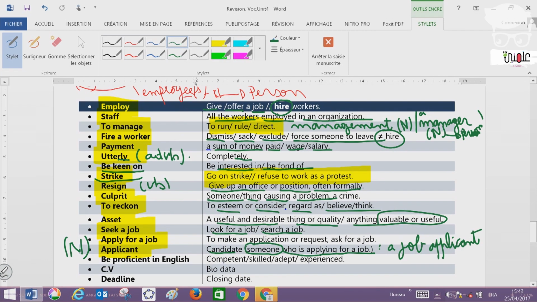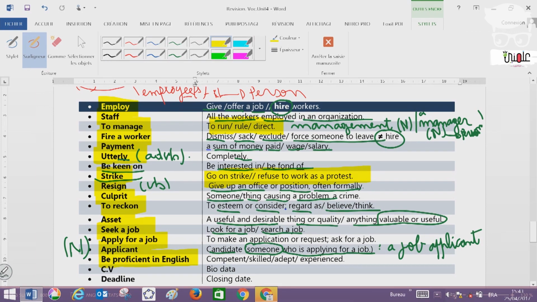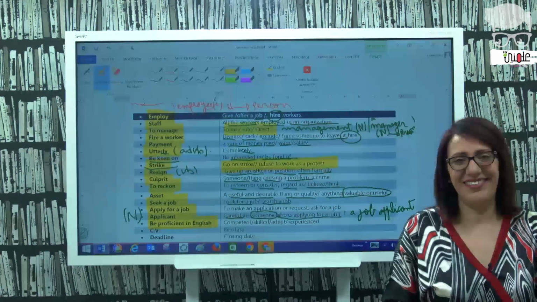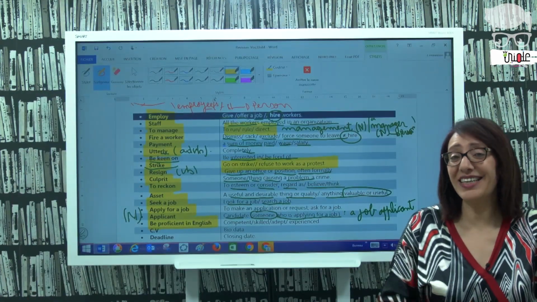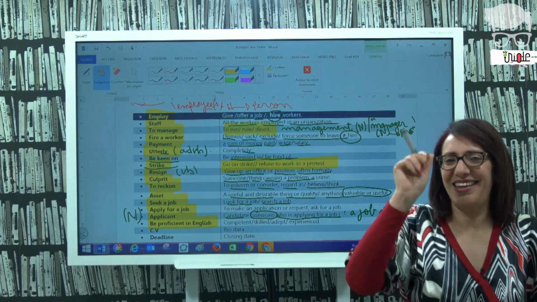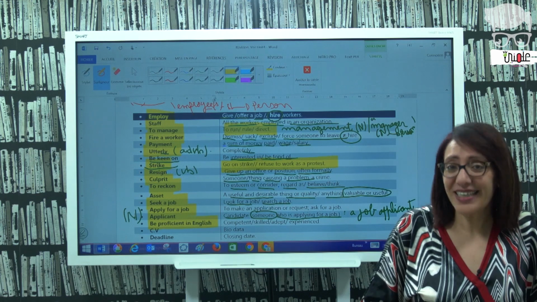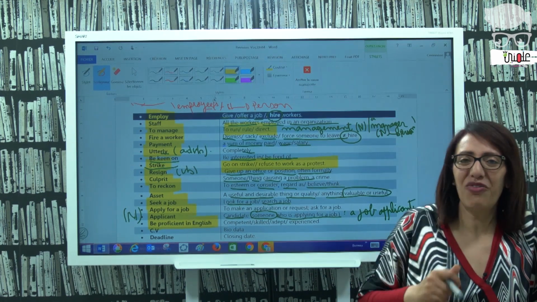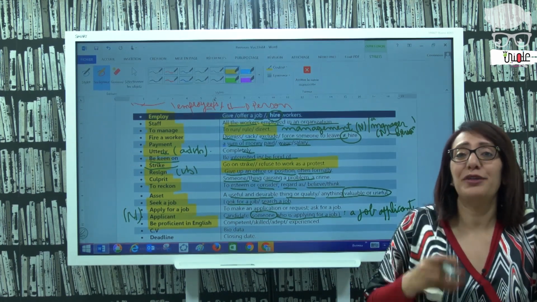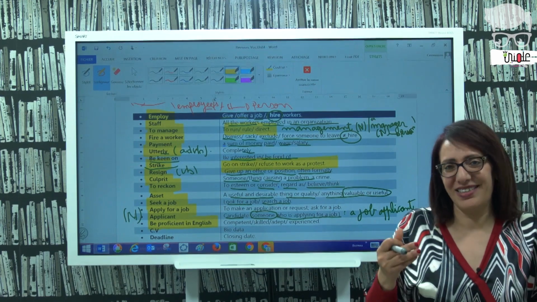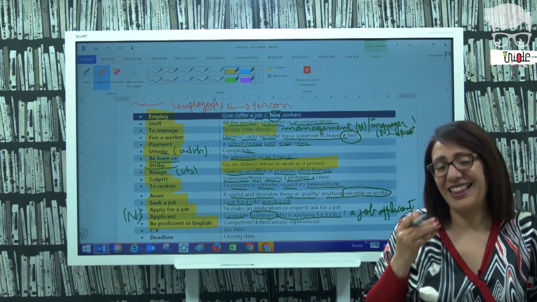To be proficient in English. How nice. Everybody wants to be proficient in all languages, mainly in English. Wants to be proficient, to be skilled, to talk it fluently, to speak and to have a good knowledge of that language.